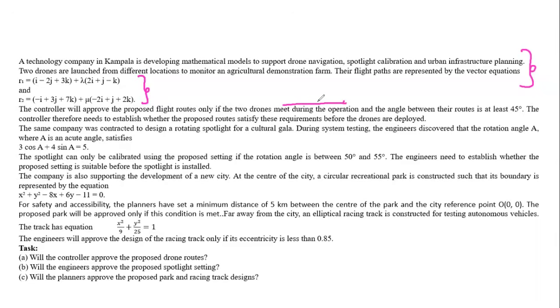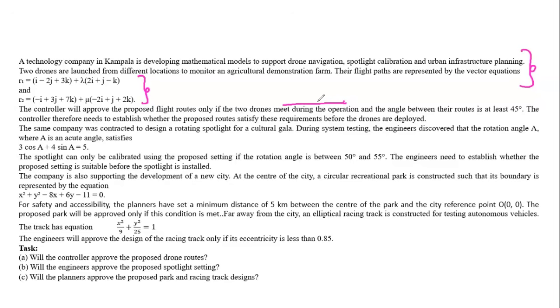Here they are indirectly asking: do you know how to obtain the point of intersection when you have two vector equations? Do you know how to obtain the angle between the two vectors? That is the knowledge behind it that you need to know.